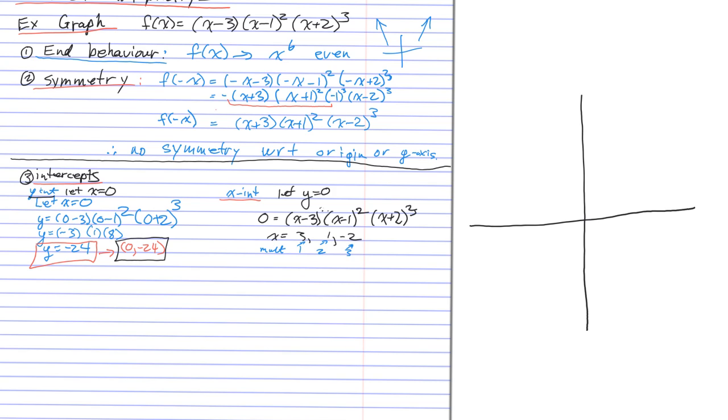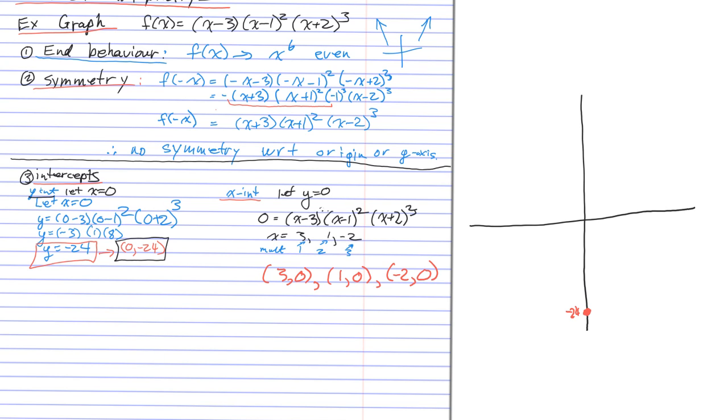We have the point (0, -24), which is somewhere way down here, at -24. And then we have three points on the x-axis: (3, 0), (1, 0), and (-2, 0).